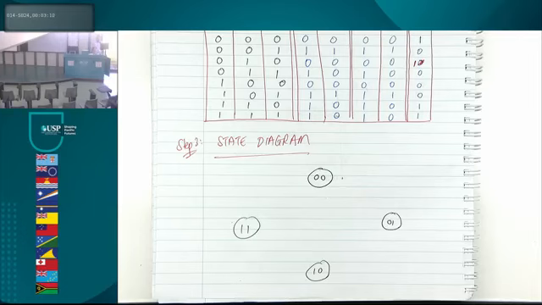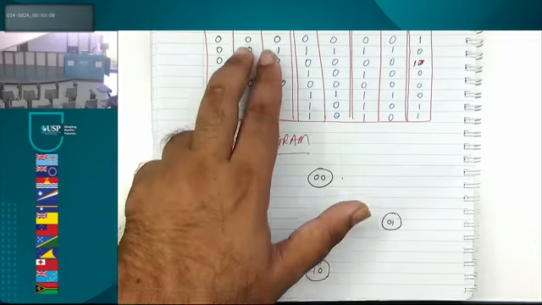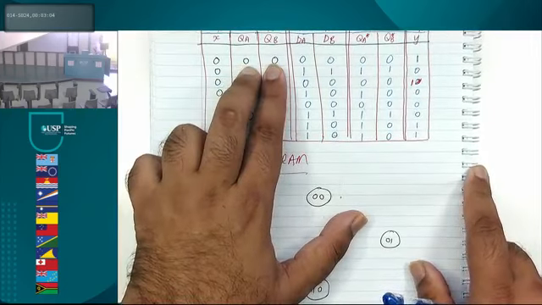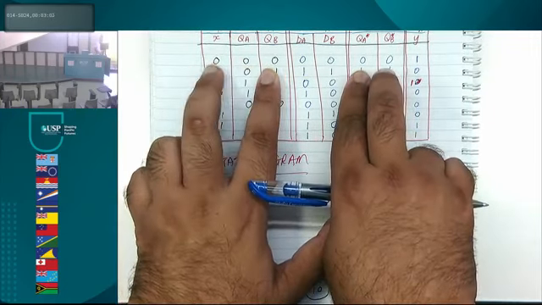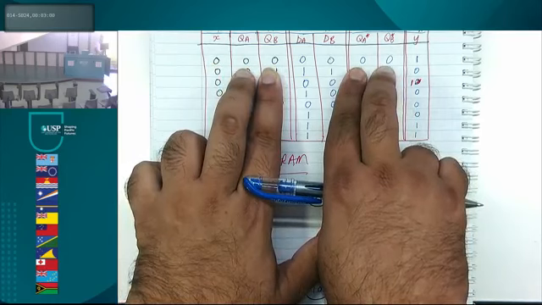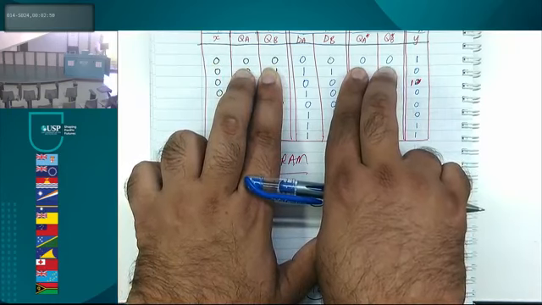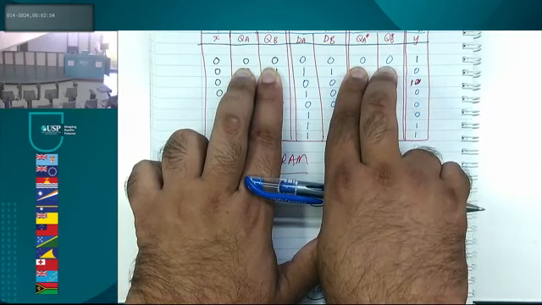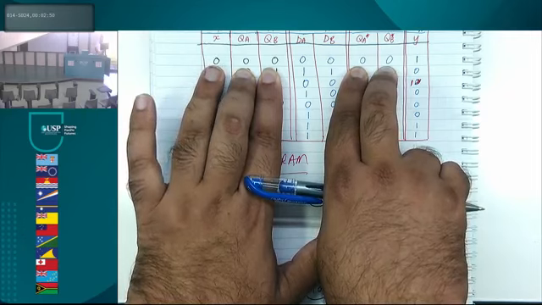All right, now, let's look at this, guys. QA and QB is 0, 0, and the next state, if x is equal to 0, where does it go? It goes to itself, right? Stays the same place. 0, 0 remains at 0, 0 if x equals 0.